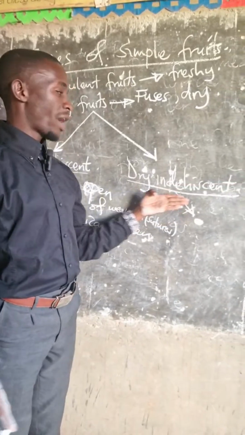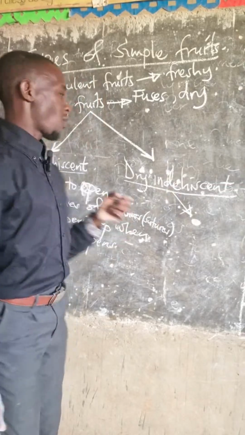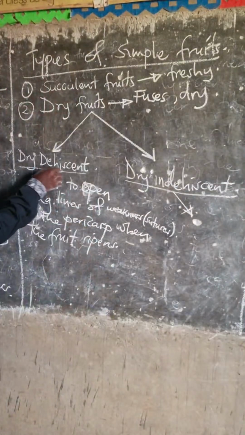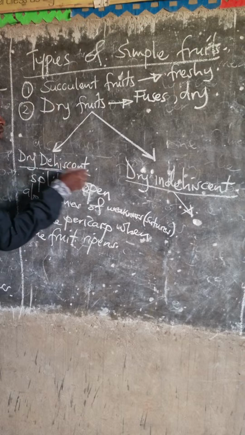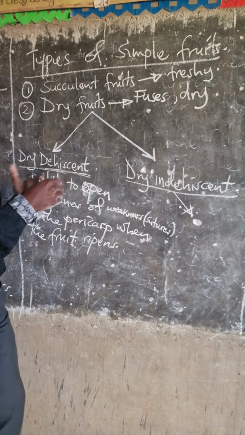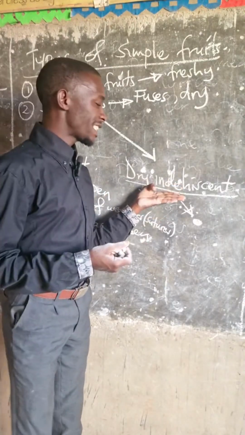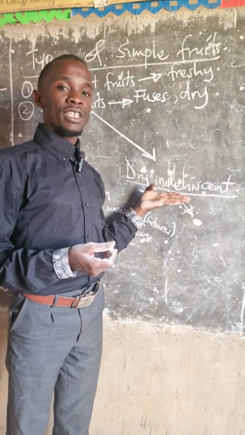We are looking at the dry indehiscent. These ones do not open up. The word dehiscent comes from a Greek word, dehis, which stands for opening, splitting. So if it is indehiscent, they do not open up to release the seeds.